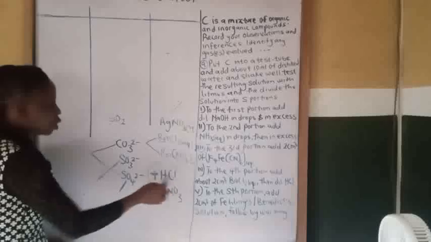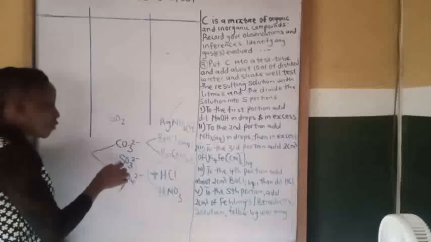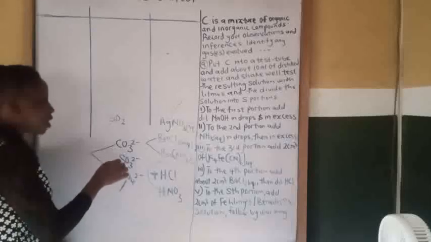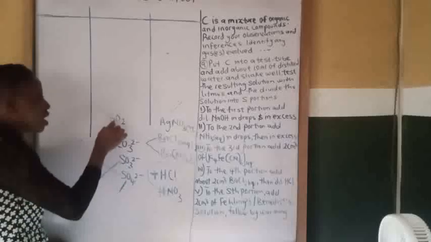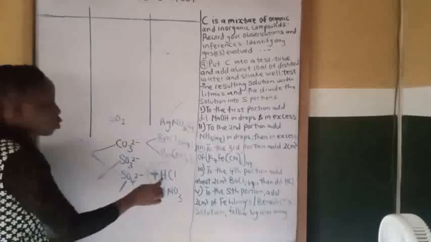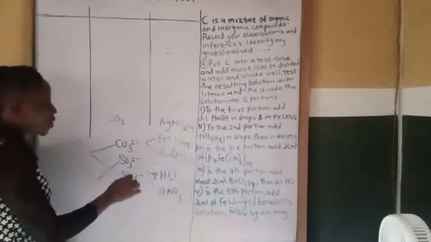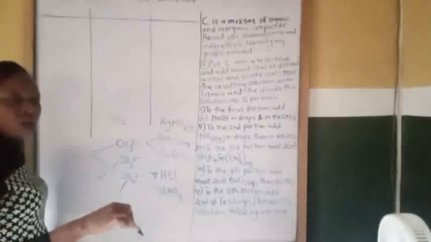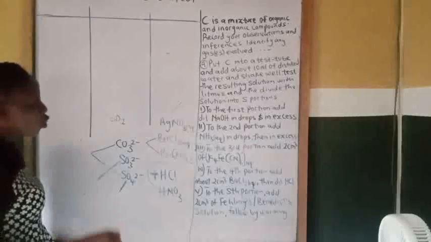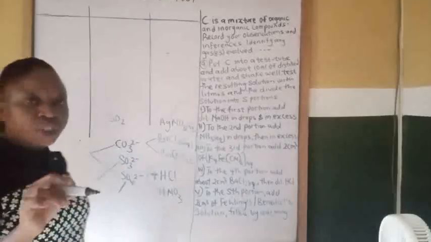When you add HCl to SO3, the white precipitate will dissolve to give SO2 gas. When you add HCl, if it is SO4, the precipitate will remain insoluble, and no gas will be evolved.